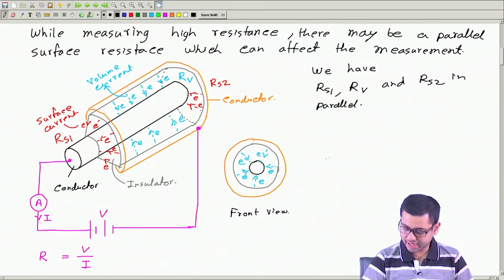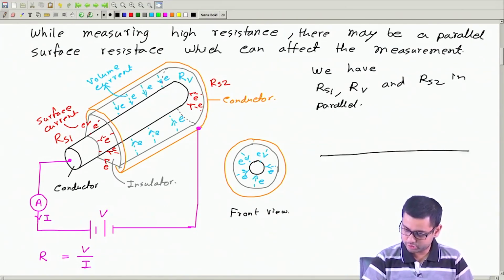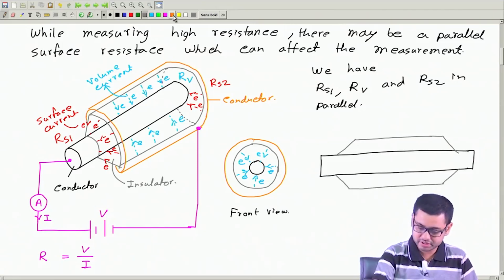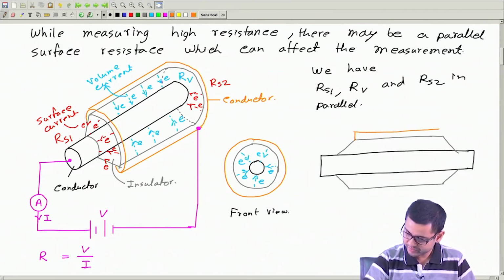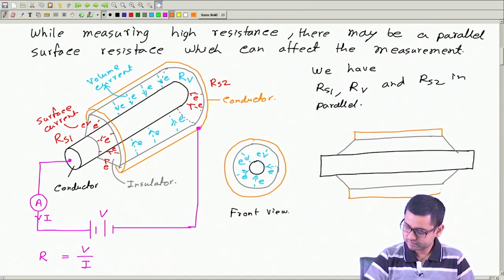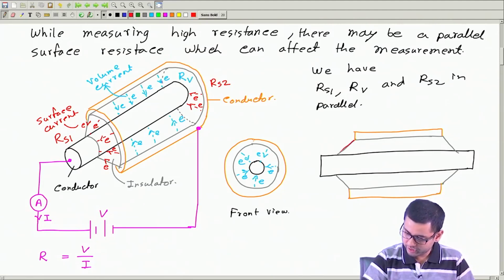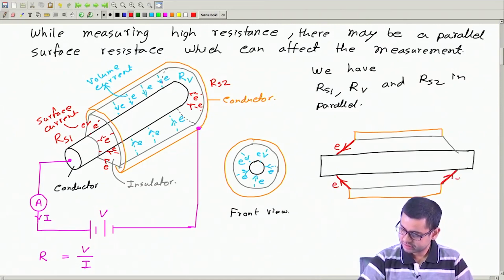So, if we draw a side view, let me try to draw a side view. This is the central core, then we have this insulator. This is very long, I am drawing it small, but it is actually very long, and then another metal. And then we have the surface current flowing only here, here, here and here.